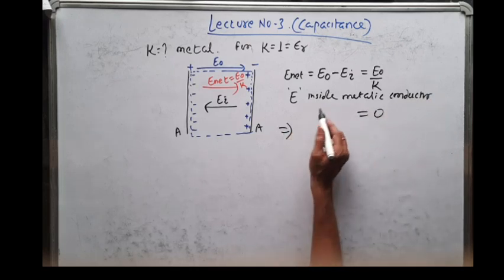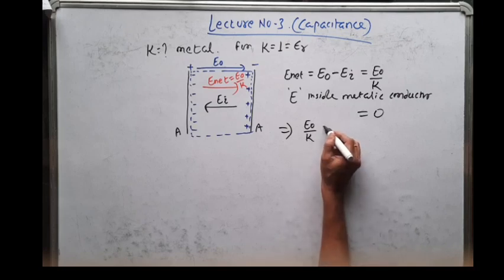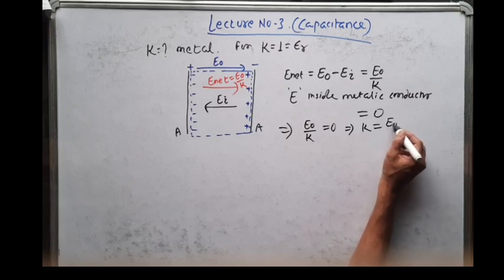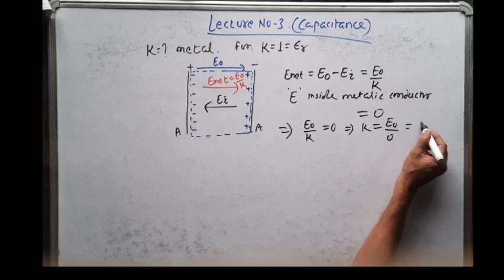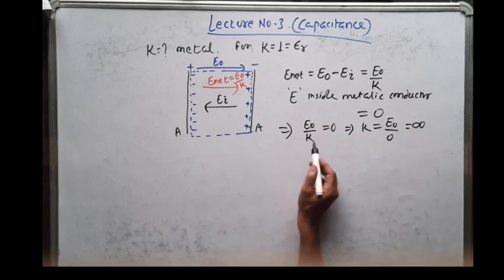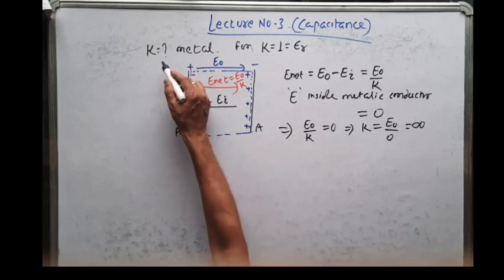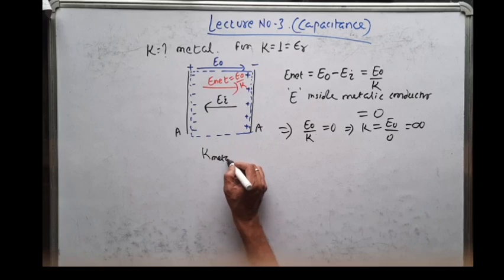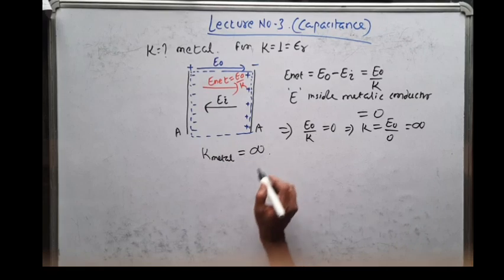That implies the net electric field intensity, E naught by K, is equal to 0. So K is equal to E naught by 0, and something by 0 is infinite. So K for metal is equal to infinite.